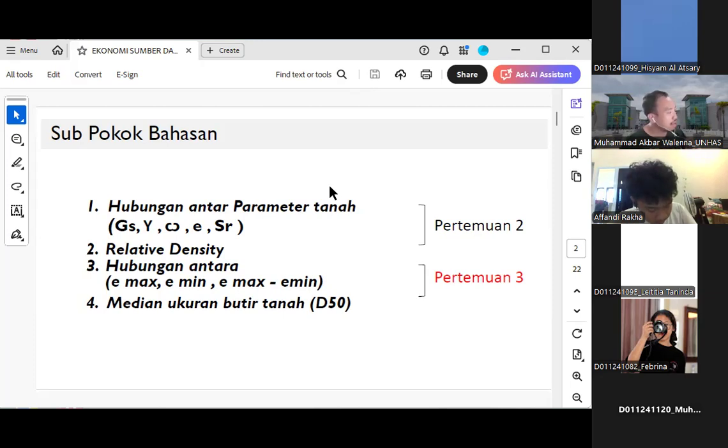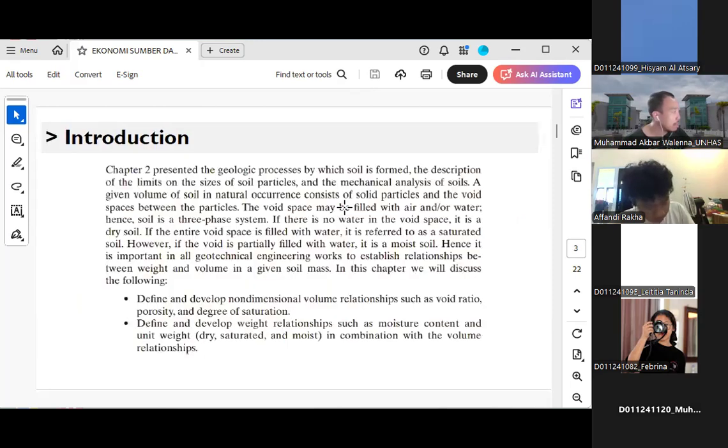Lastly, at the end of the third week, we are going to discuss the parameter called D50, which is related to the sizing of gravel or granular soil. Without further ado, I'm going to proceed with our topic today.